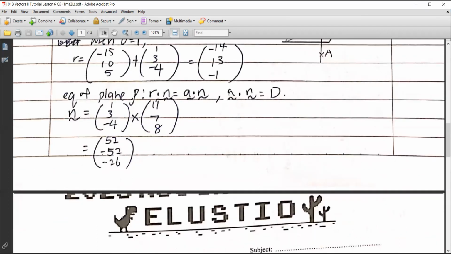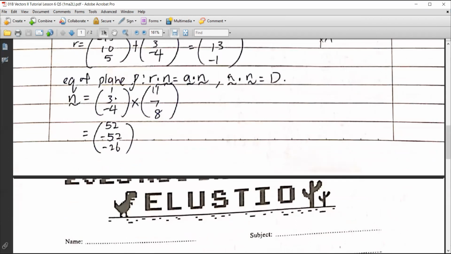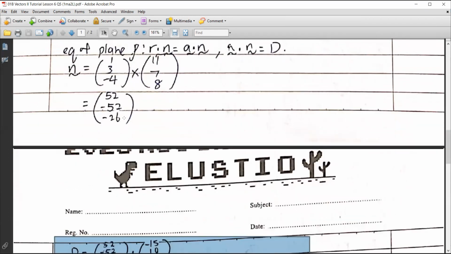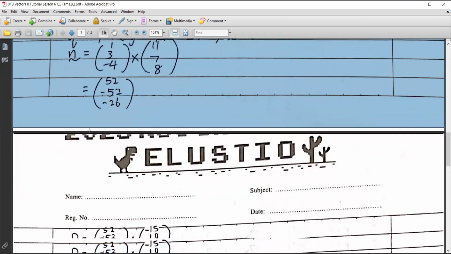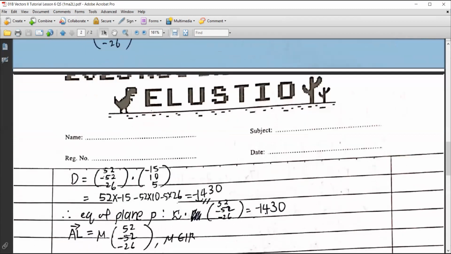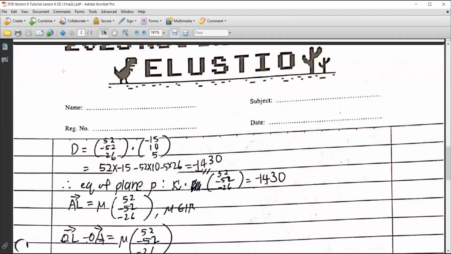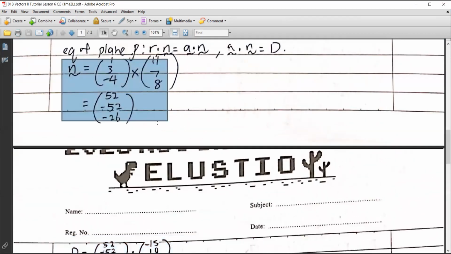And then she got this. Let's look at this: 52, negative 52, negative 26 is a normal vector. This is correct, this is fine. Then dot. Any comment so far with this and the one on top? What do you notice about this normal vector?